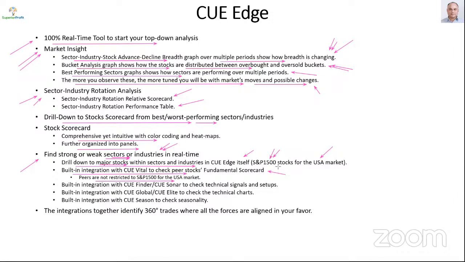So for trading, if you are looking to trade only liquid stocks, then you may look at sectors and industries, then start your top-down analysis, drill down from industry level, and then instead of looking at the stocks from QH, you will look at the liquid stock scorecard in QVital. So you will drill down from QH to QVital, and I will demonstrate how to do that.